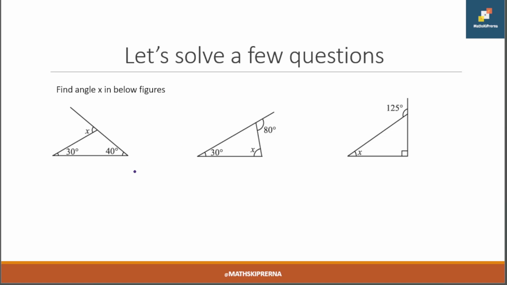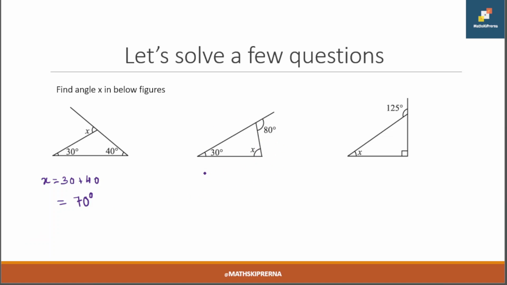So on the same concept, we have a few more questions here. We have to find the value of x in each of these figures. Now in the first figure, it's very easy. X is nothing but your exterior angle. So very simple, x will be equal to 30 plus 40, which is nothing but 70 degrees.